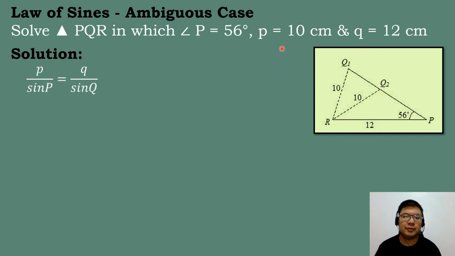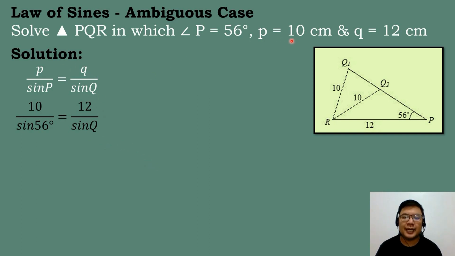Obviously we will be using the formula p over sine of angle P is equal to side q over sine of angle Q. Let's find first the measure of angle Q. Let's substitute the corresponding values.